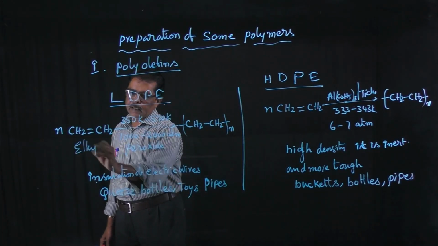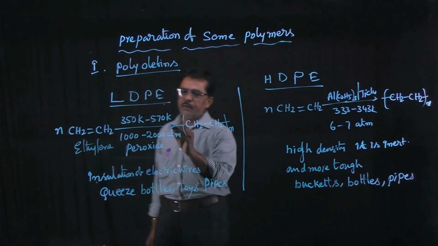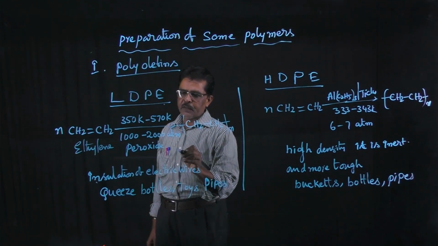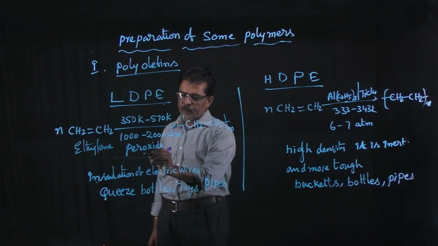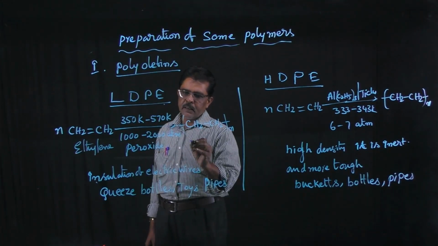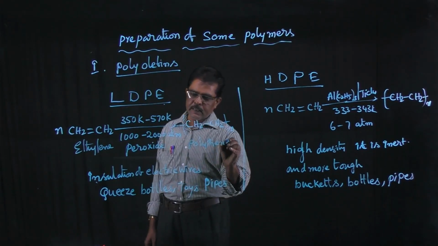Ethylene is heated to 350 to 570 kelvins of temperature and 1000 to 2000 atmospheric pressure in the presence of peroxide, gives polythene, which has low density, right?